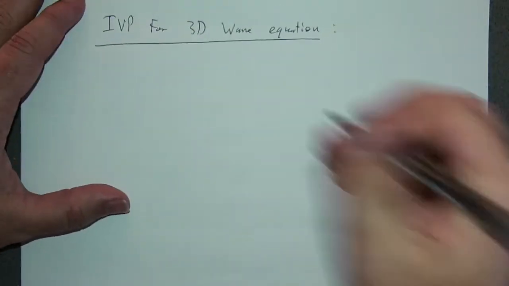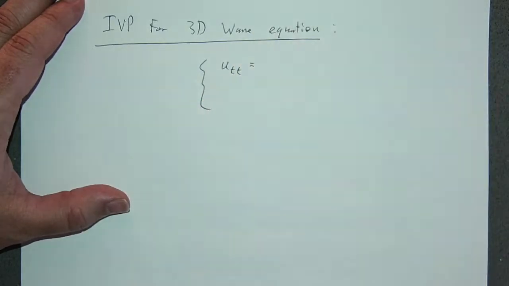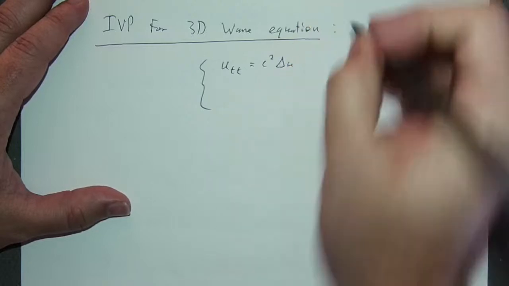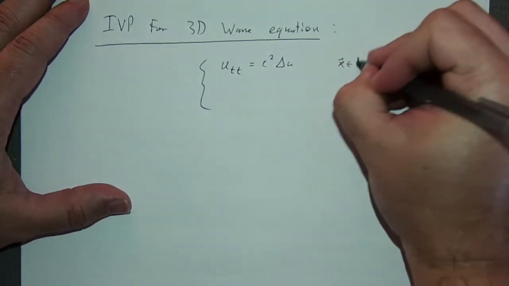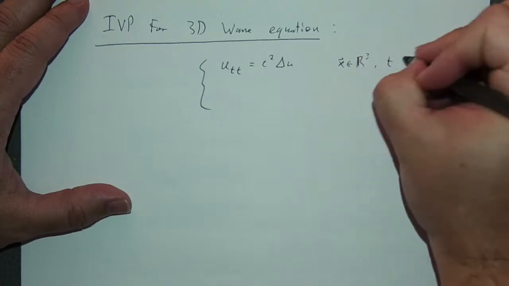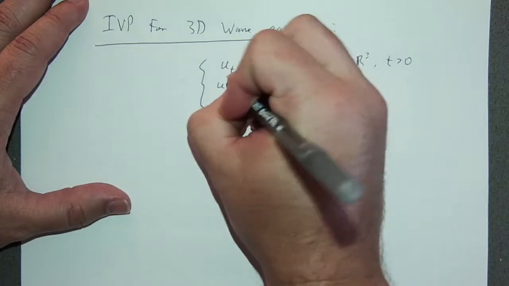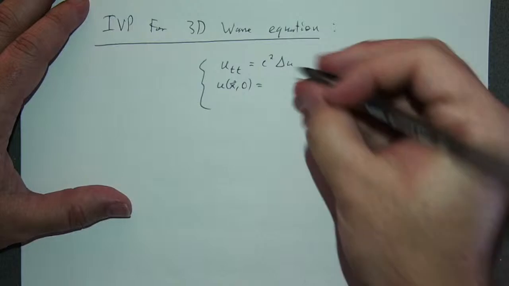Oh, sorry. It looks like this. u sub tt is c squared Laplacian u, where x is in R3, t greater than 0, and I have initial data just as before.